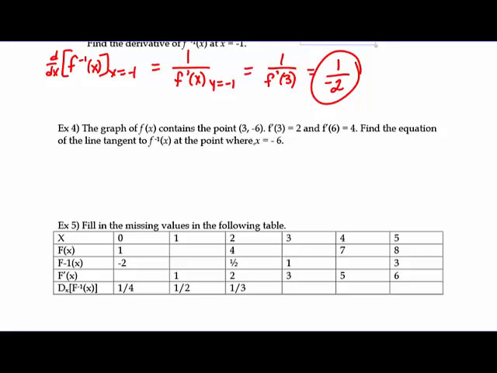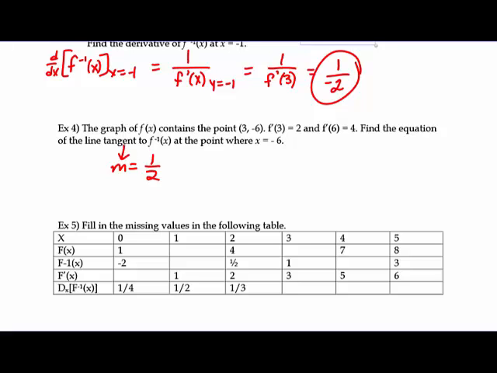If x is -6 on the inverse, then x is 3 on the original, and f prime of 3 was 2. So if f prime of 3 is 2, then the slope of the tangent line is going to be 1/2. Instead of writing it all, let's think about it in your head. The derivative of the inverse at -6 is the reciprocal of the derivative of the original at 3, which is 2.